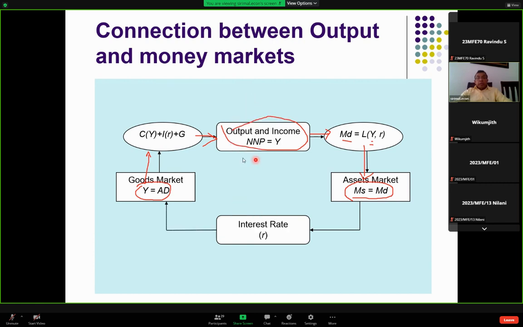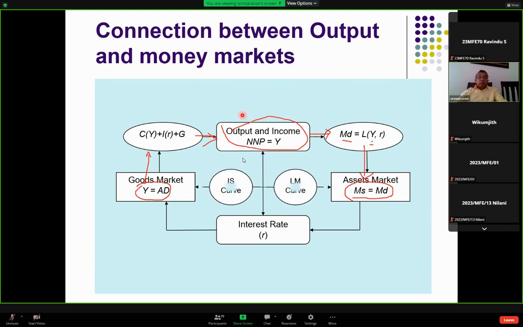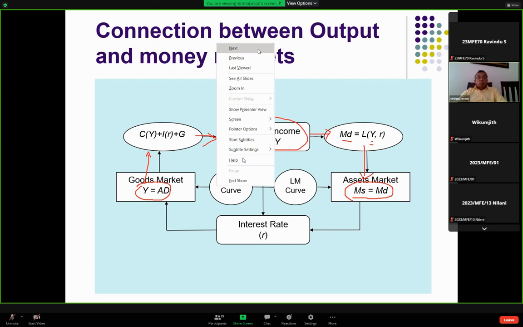So we are connecting these two markets, output and interest rate, the combination between these two variables, looking at the equilibrium position in both markets using IS and LM schedules.